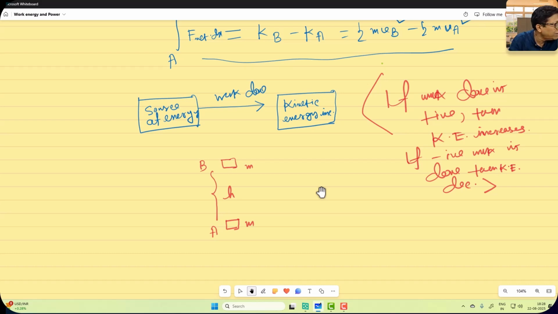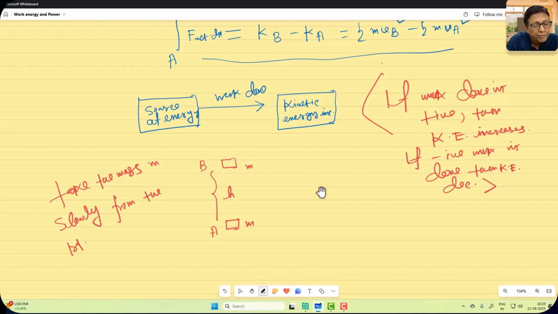Take the mass M slowly from the point A on the ground to a height h at B above the ground.